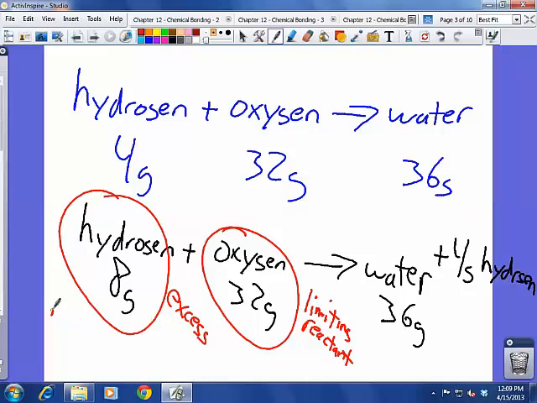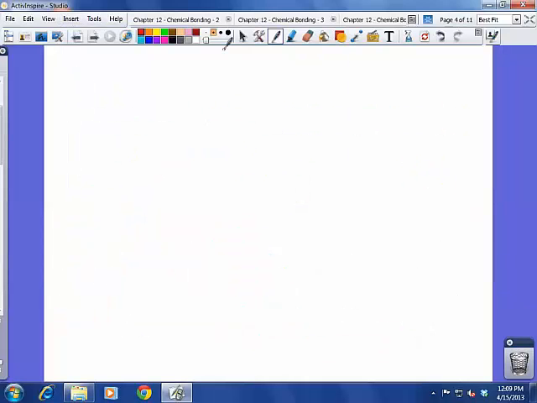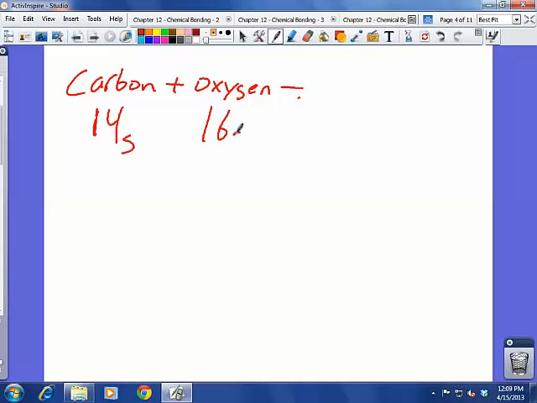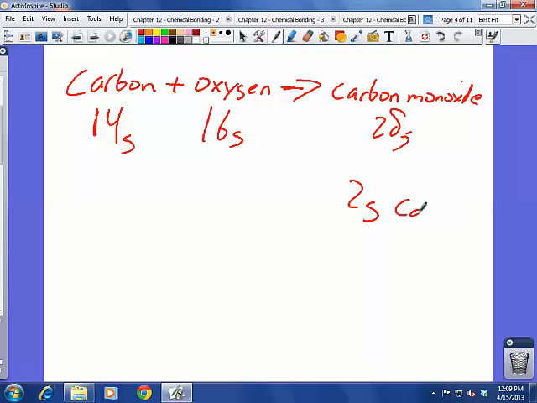We'll get more into detail in the next chapter, but for now, if we have something like this, say we have carbon plus oxygen, and we'll say we start with 14 grams of carbon, 16 grams of oxygen, and that goes to make carbon monoxide, 28 grams of carbon monoxide, and 2 grams of carbon left over.